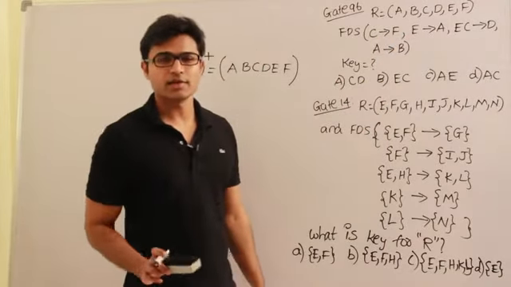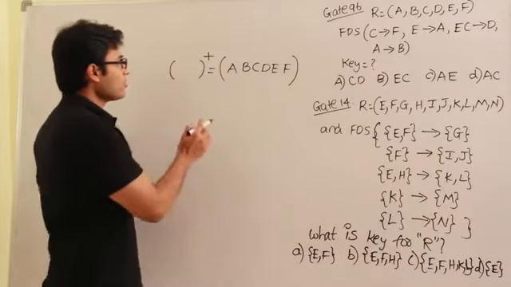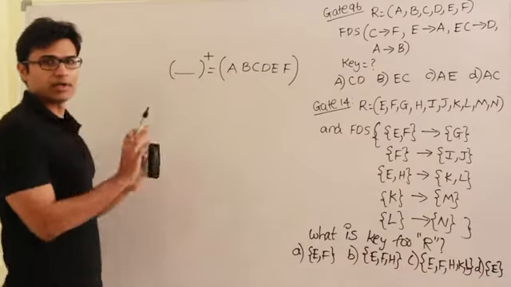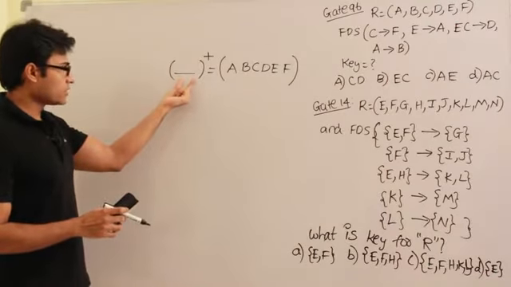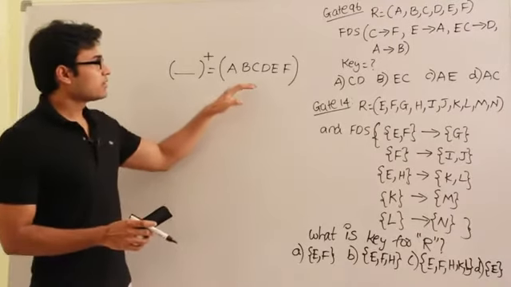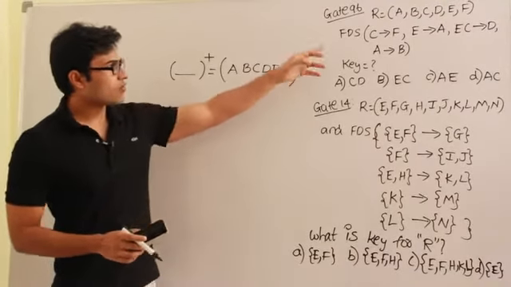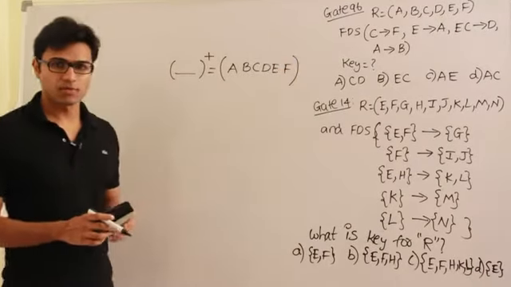There is no other way I can get them, right? Are you following it? So now I don't know what to put here. Fine, leave it. I don't know what comes from the left side. Fine. But somehow I should get whatever is present on the right hand side of these FDs into this. I hope you are following.